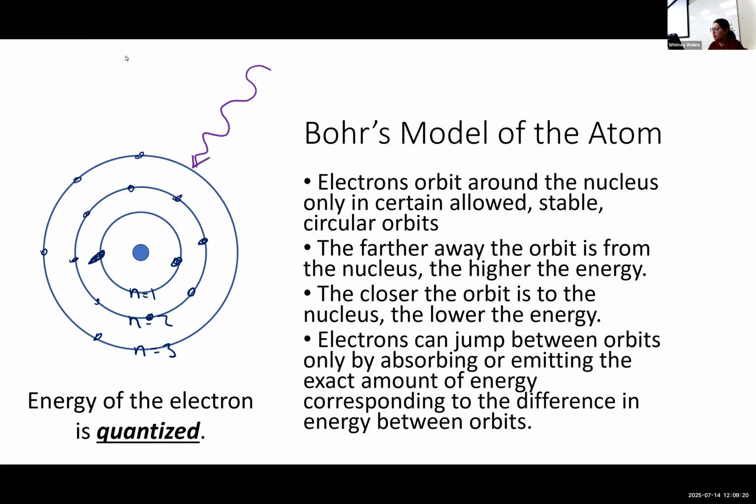So the energy of the electron is quantized. That definition means electrons can't have any imaginable energy. It can only inhabit certain energy levels that are at a fixed distance from the nucleus. Depending on the element, is it only n equals 1, only n equals 2? It's limited to that subshell unless I add light and excite it.